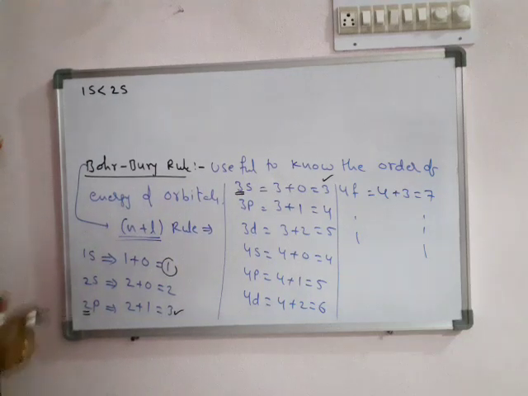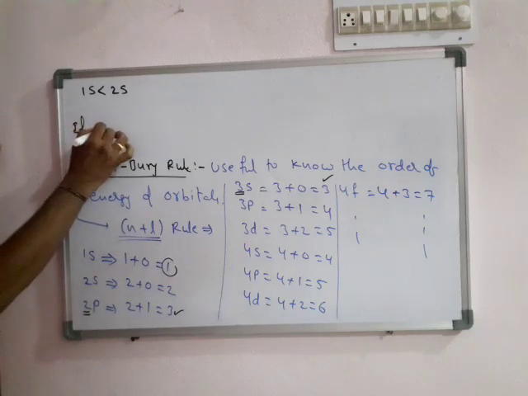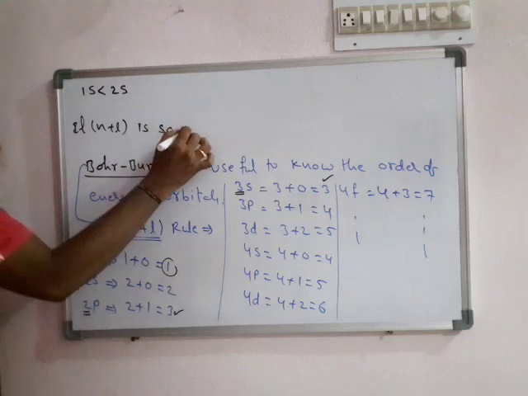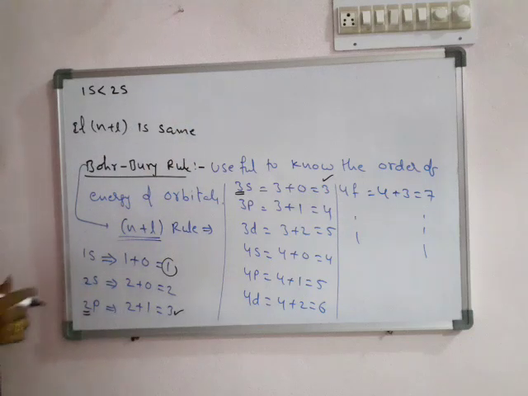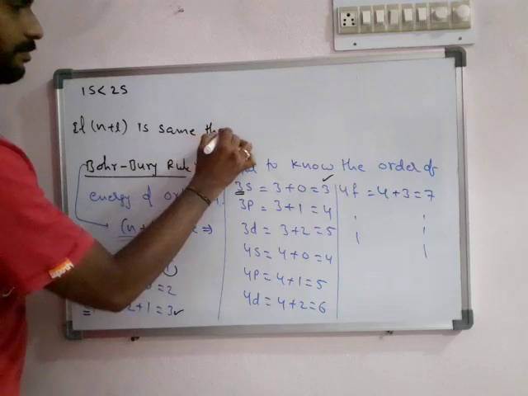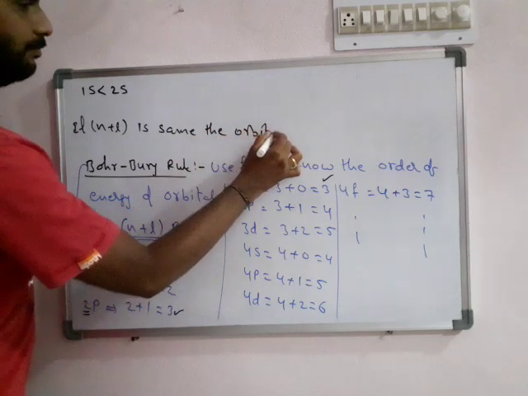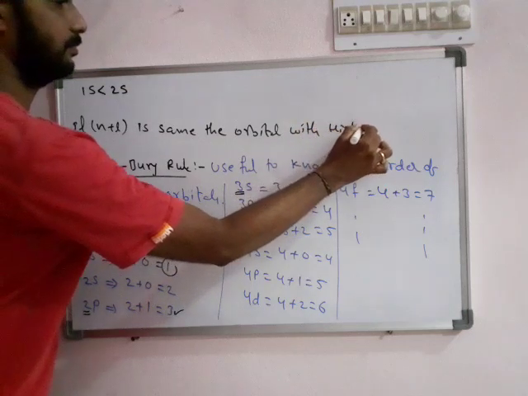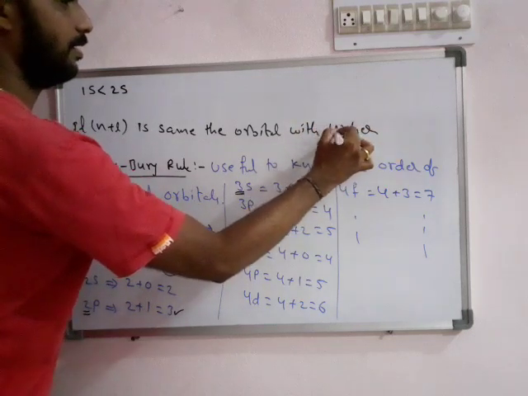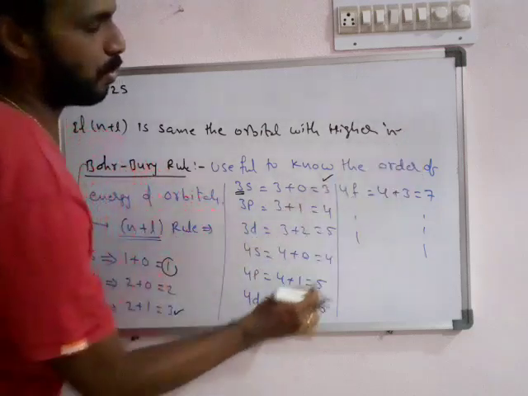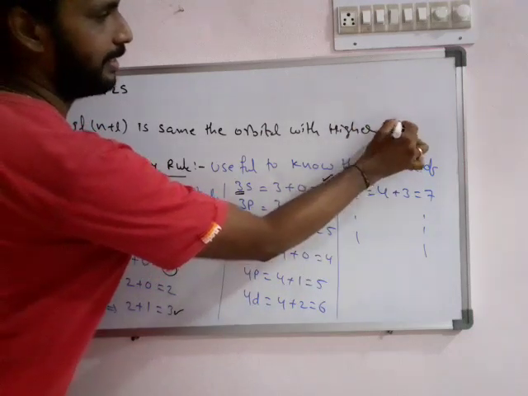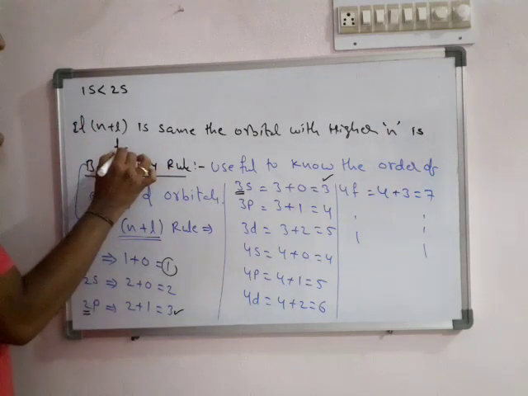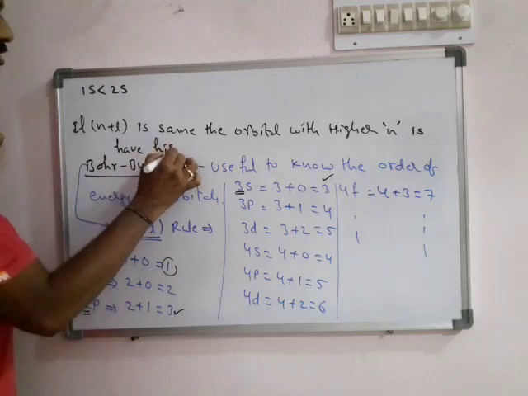If the n plus l value is the same, the orbital with a higher principal quantum number, a higher n, will have higher energy.